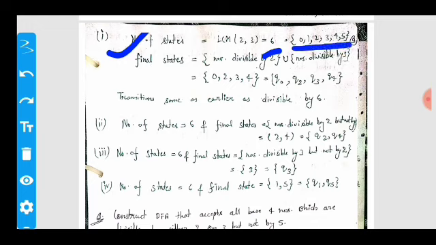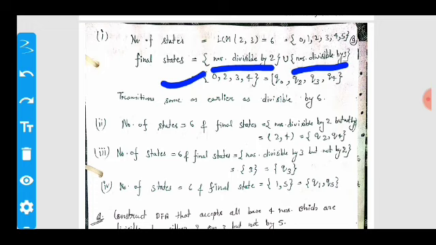And the final state is found by taking the union of both divisibilities. So the states divisible by 2 union the states divisible by 3. The states divisible by 2 are the even ones, like 0, 2, 4, and so on.